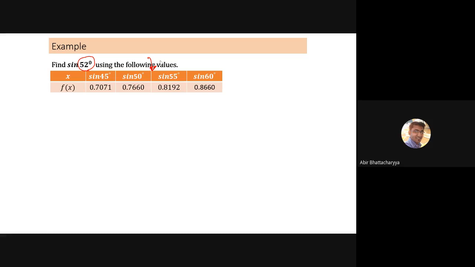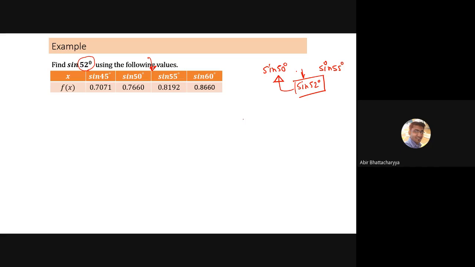Between these two, we will go with Newton's forward, because 52 lies between 50 and 55, and it is closer to 50, not 55.